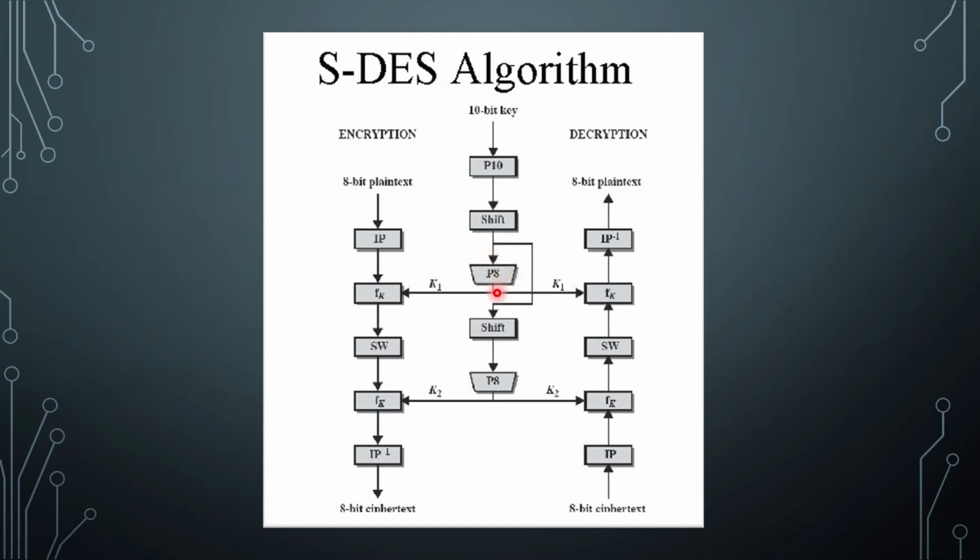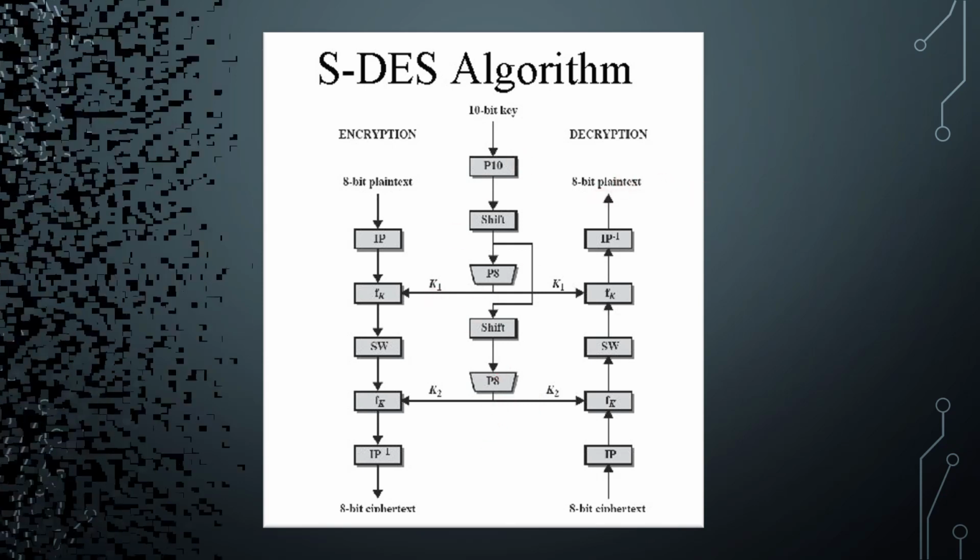So P10, shift, P8 gives us key 1. That key 1 is supplied to the encryptor and decryptor's first function. Then from this shift we do another P8 operation so that key 2 is generated. So this is the diagram for the SDES algorithm.